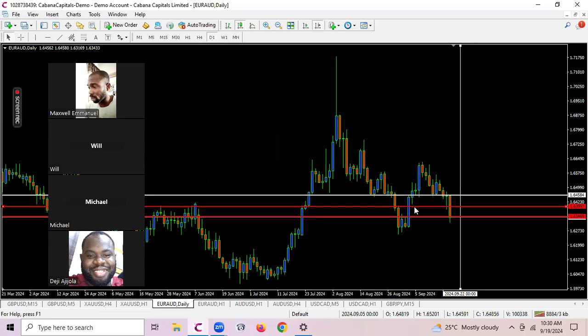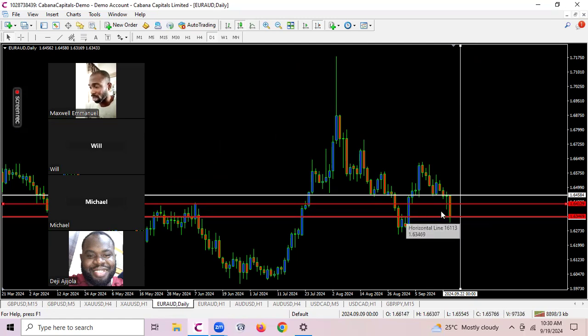So this pullback could be to fill this fair value gap. As you can see, the market is currently trading a few pips below that gap, so it could just keep dropping. We still have a lot of fair value gaps here, so price could just keep dropping and come down here to fill this gap.